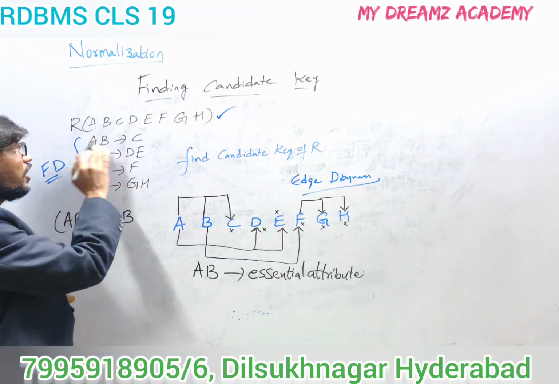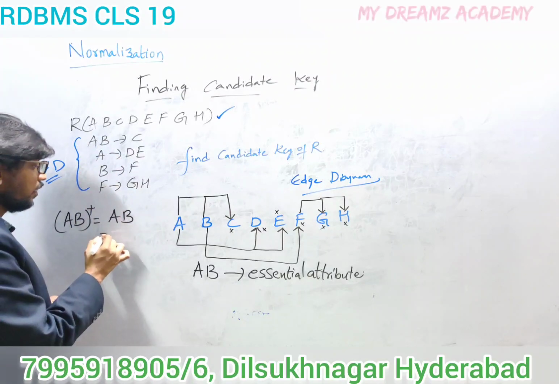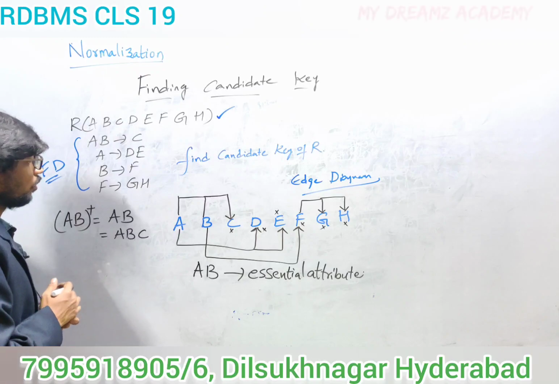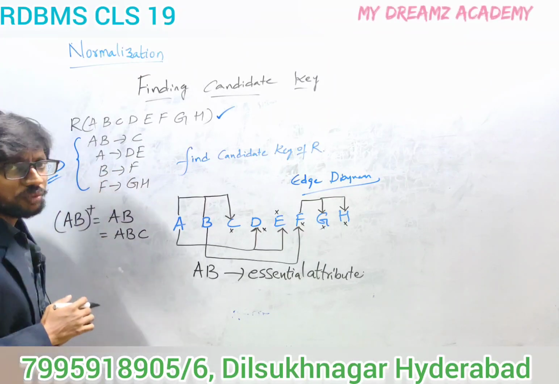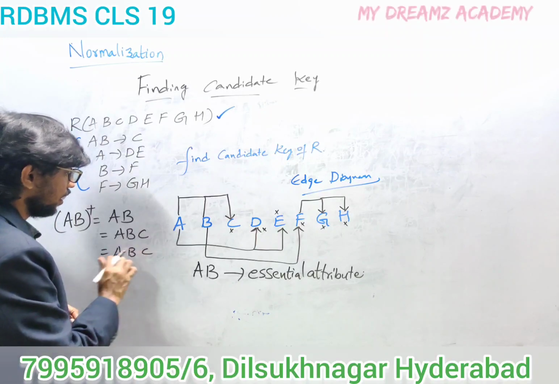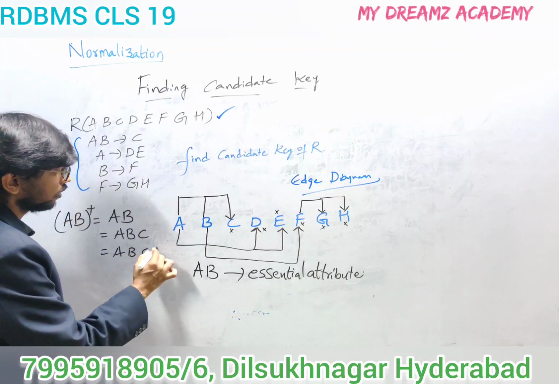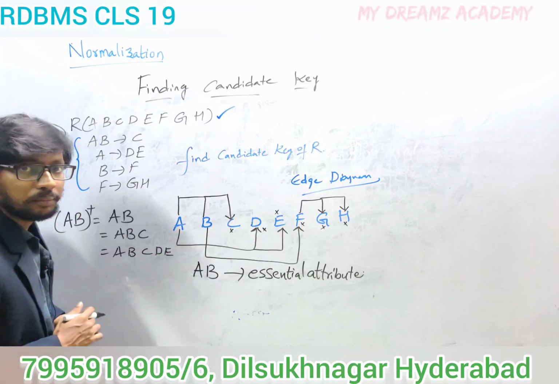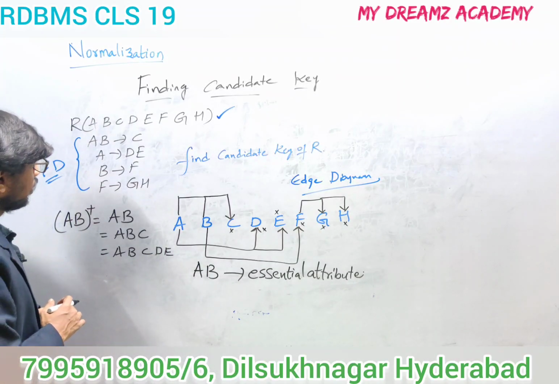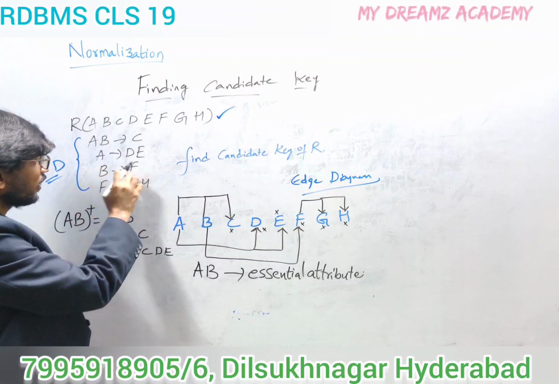If I know AB, then I can determine C, right? Now, if I know A, I can determine DE, right? Next, anything else? If I know B, I can determine F, right?